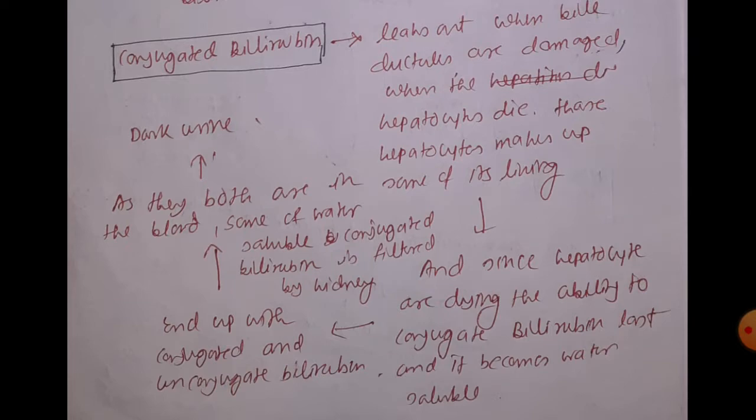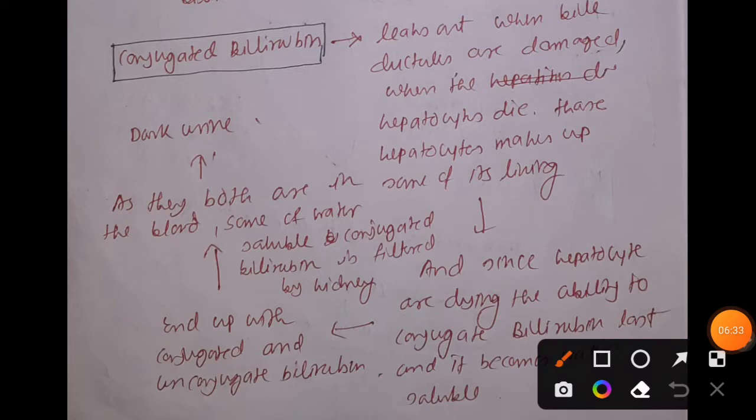Not only that, as hepatocytes are destroyed, the ability to conjugate bilirubin also decreases, which results in the accumulation of unconjugated bilirubin. Okay, so that is why the amount of conjugated bilirubin and unconjugated bilirubin will both increase.